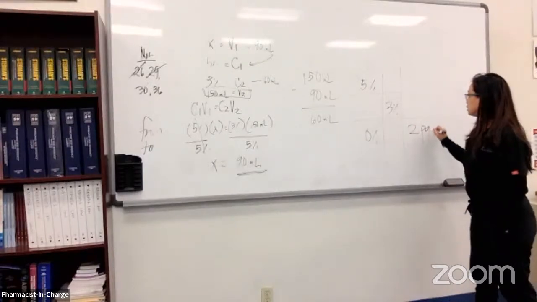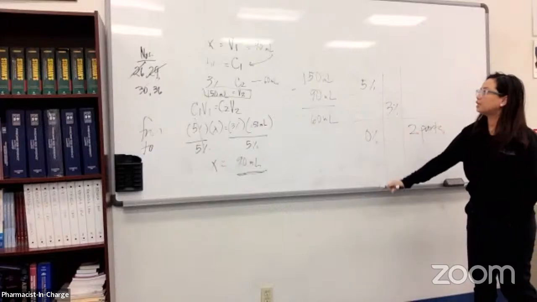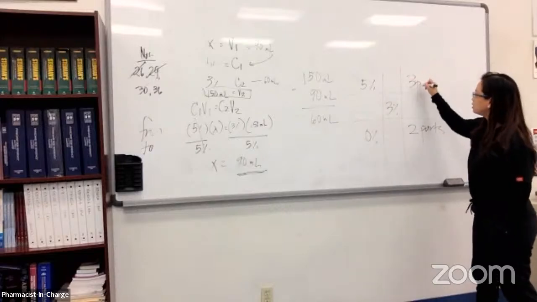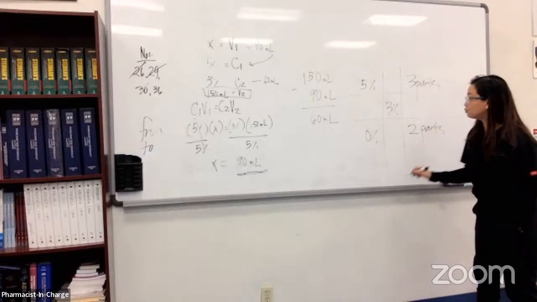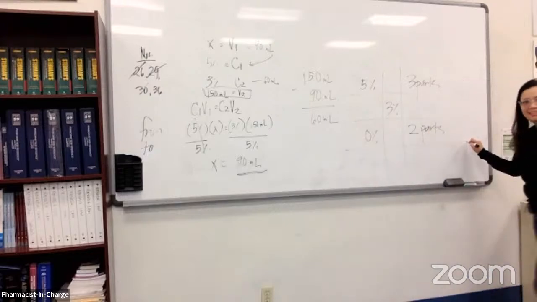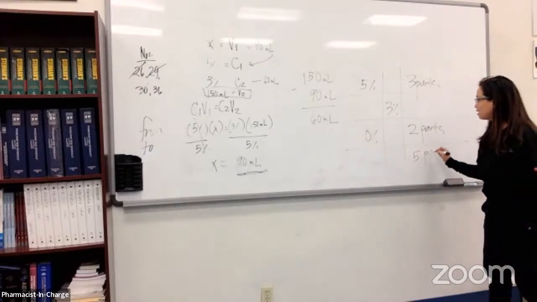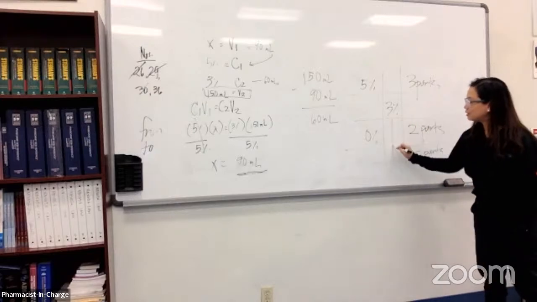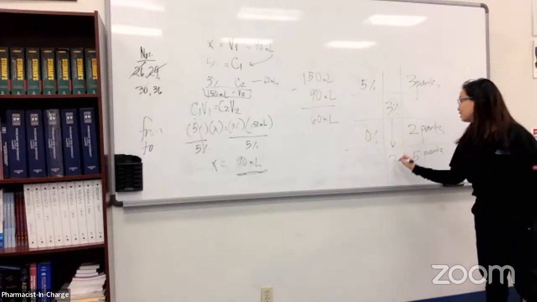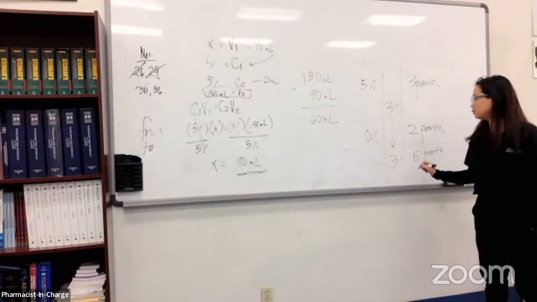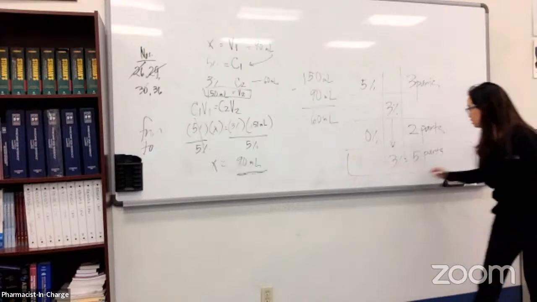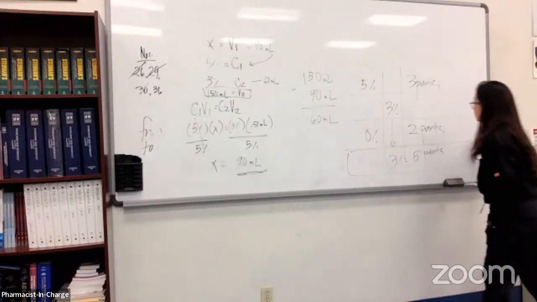Crisscross. Absolute value, 2 parts. Crisscross, 3 parts. This is when it's a Miss L way. You make it 5 parts. I bring this down, right? So that I know that this particular row pertains to the 3%. So I'm not confused.